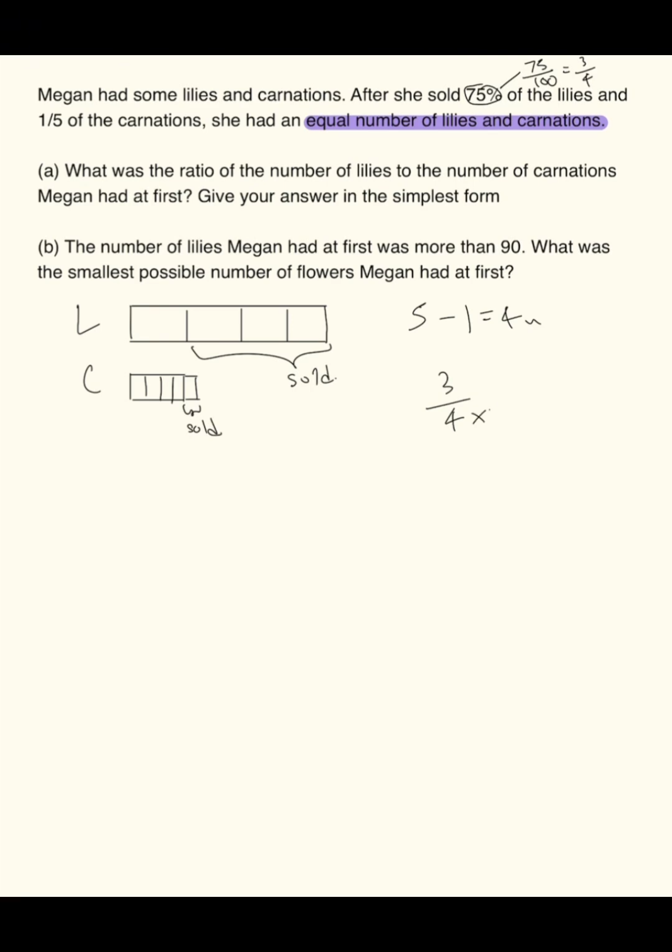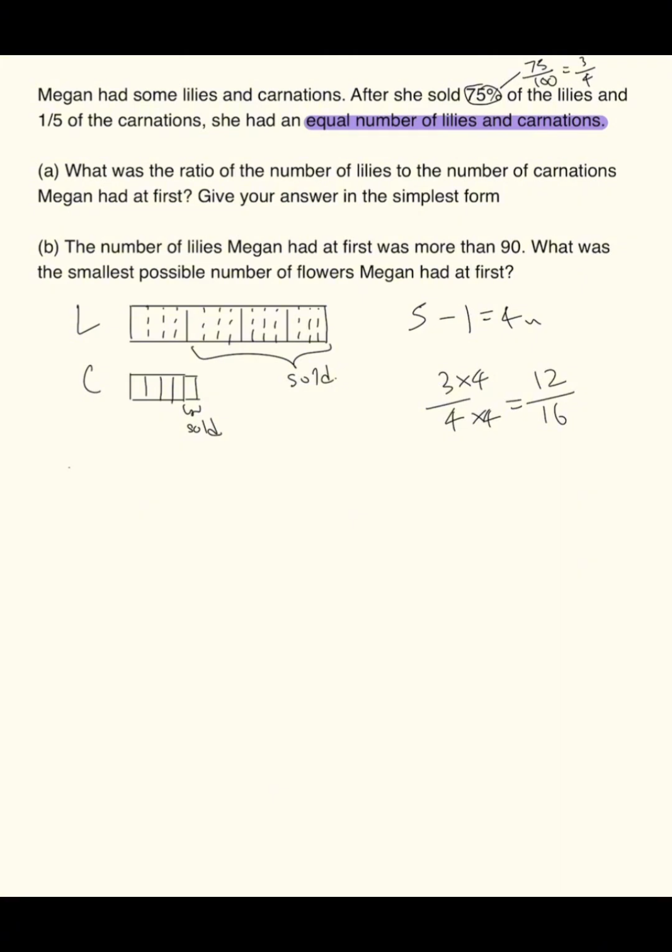So we multiply by 4, multiply by 4. This gives me 12/16. And this is how it will look like: 1, 2, 3, 4, in each group. Now that we have matched the equal number, 4 units and 4 units for both carnations and lilies in the end.